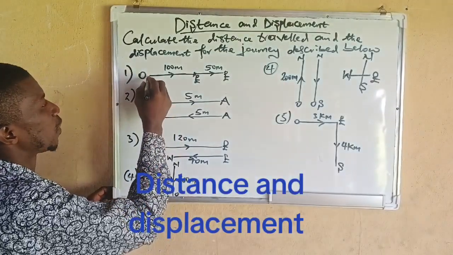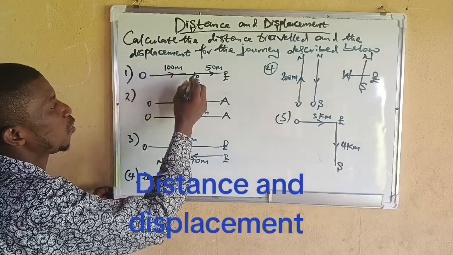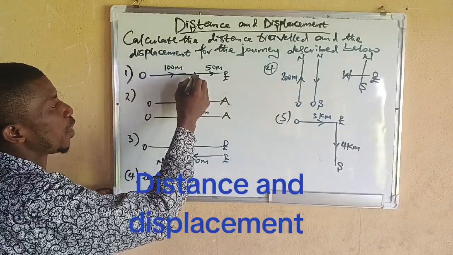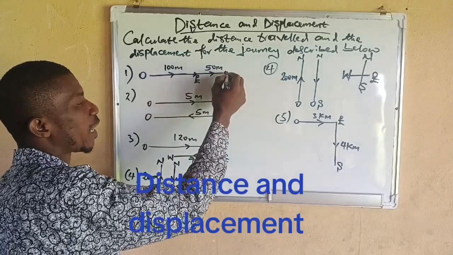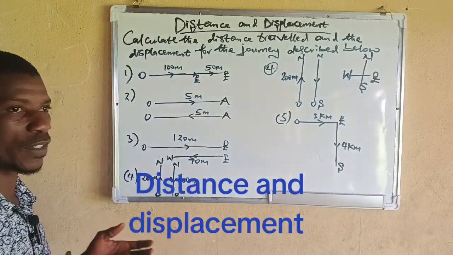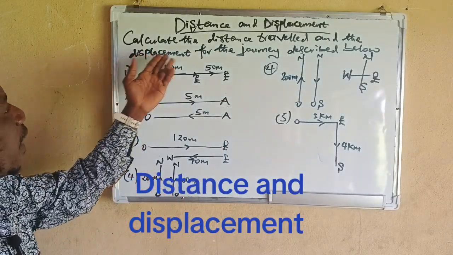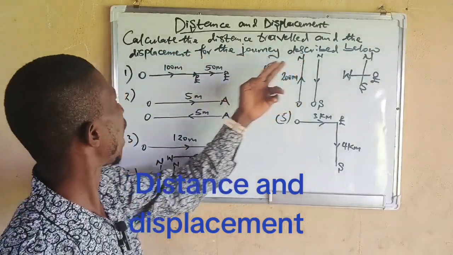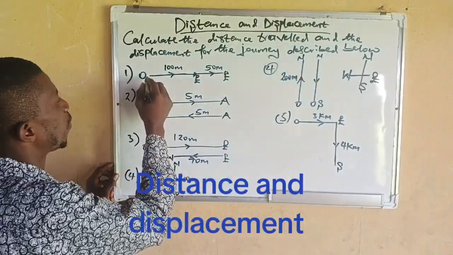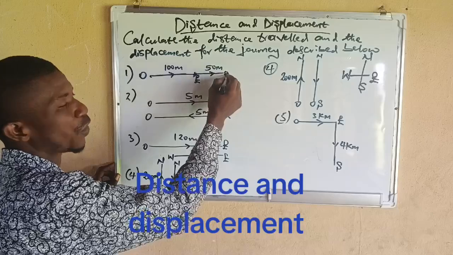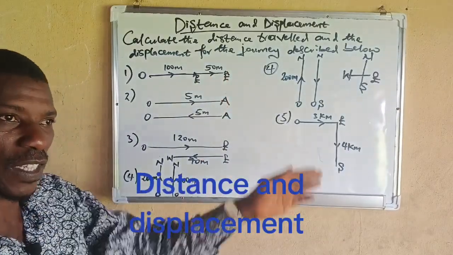If this body travels from this point to point E, towards the east, and then moves from that point to another point, what is the distance? Calculate the distance traveled and the displacement for the journey described below. This body traveled from here to here and from here to this point in the same direction.